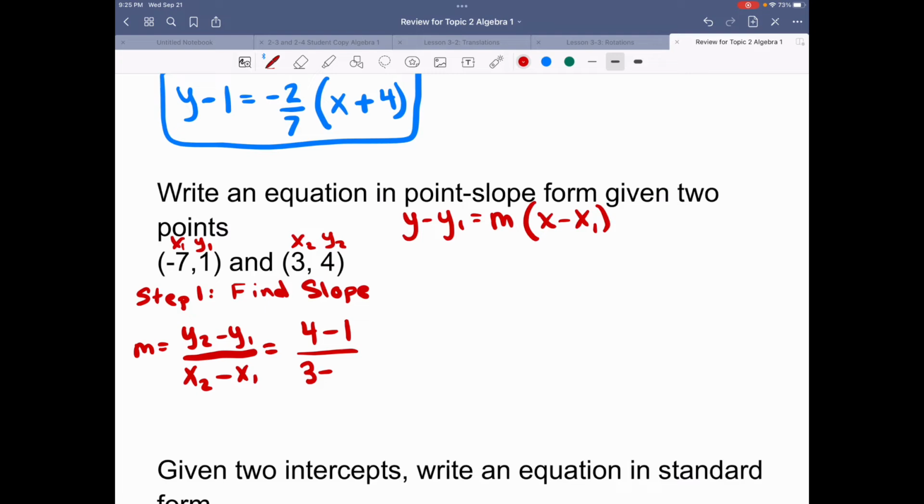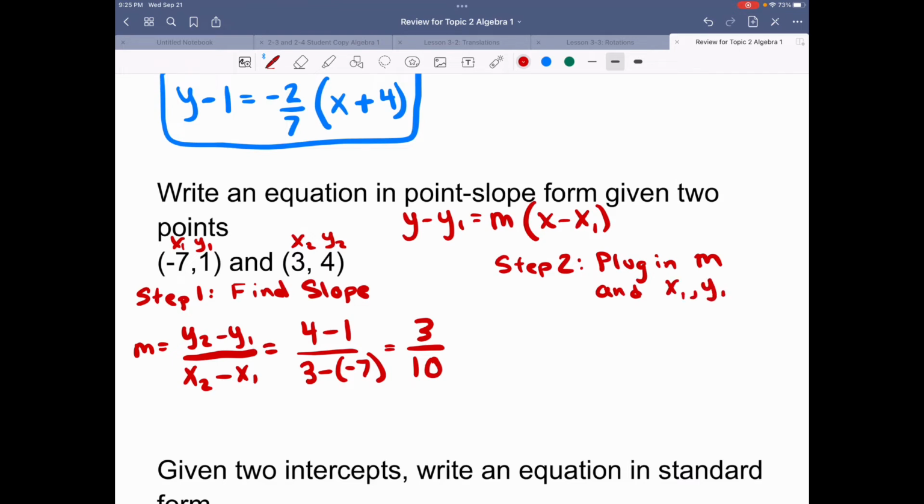3 minus negative 7. And so that gives us 3 over 10, because the minus negative changes to plus. That's step 1. And step 2, all we do is we plug it in. Step 2, plug in the m, which we just figured out was 3/10, and the x1, y1.